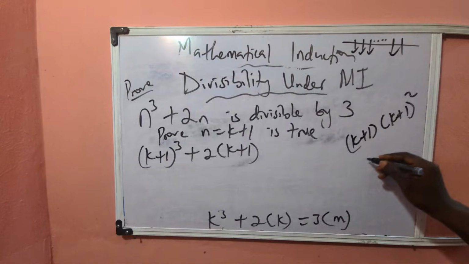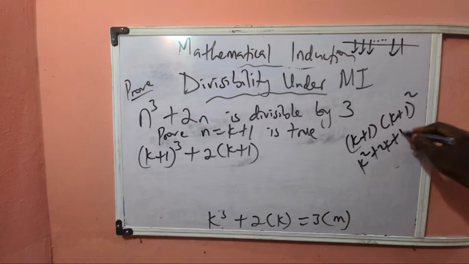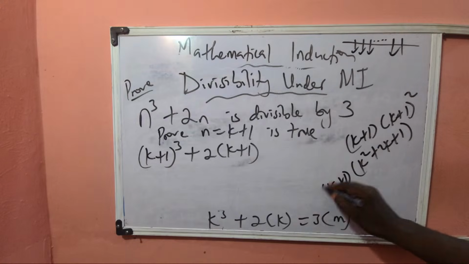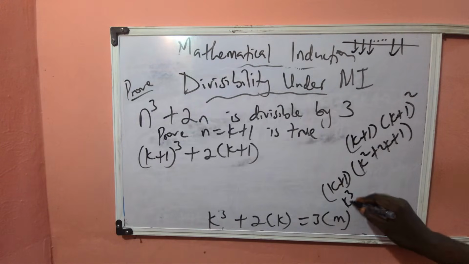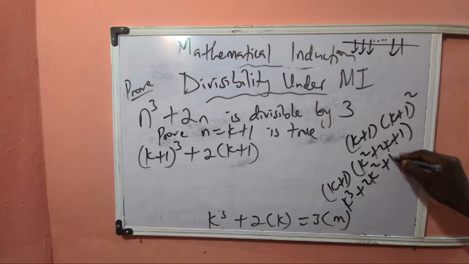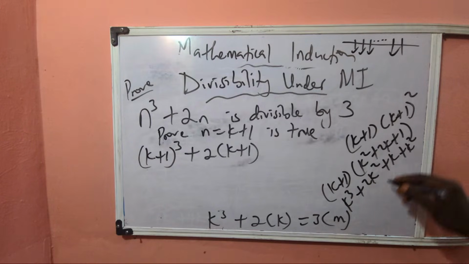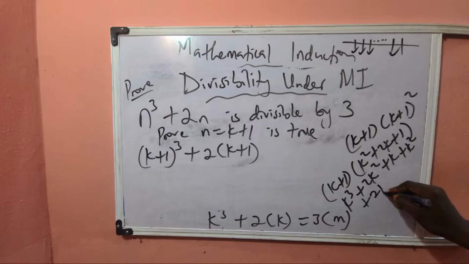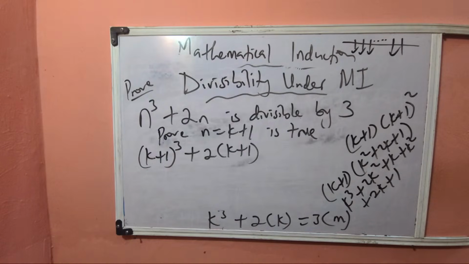What's k plus 1 squared? K plus 1 squared is k squared plus 2k plus 1. So multiply all this by k plus 1. This will be k cubed plus 2k squared plus k squared plus 2k plus 1.